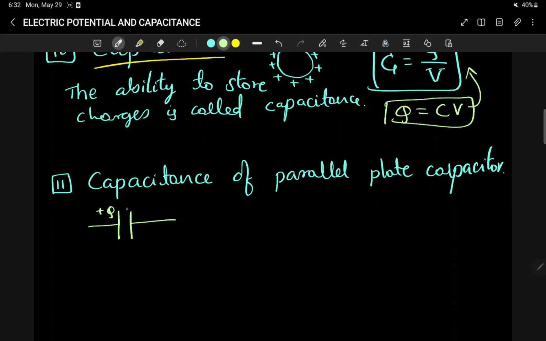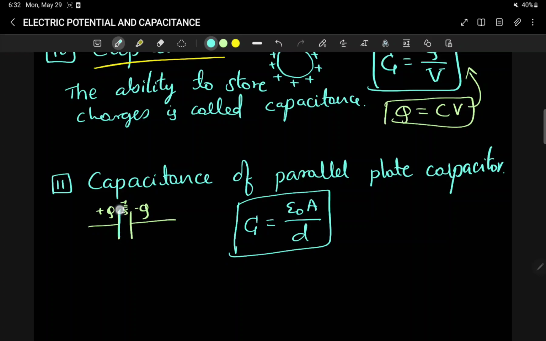If this one is charged with plus Q, this one will be charged with minus Q, and there will be an electric field generated between the plates. So here capacitance formula C is given by epsilon naught A divided by D. What is A here? A is called the area of each plate. What is the area of this or this? And the distance between the plates is given by small d.